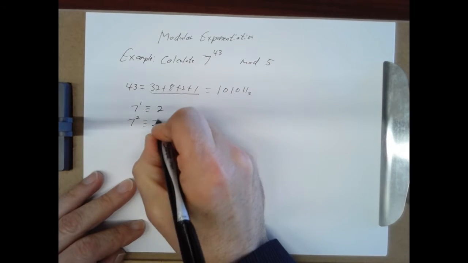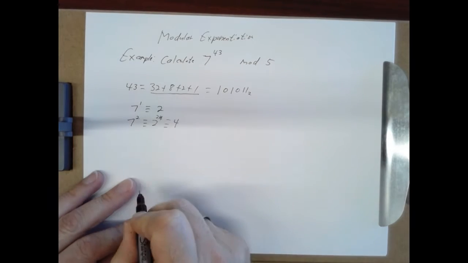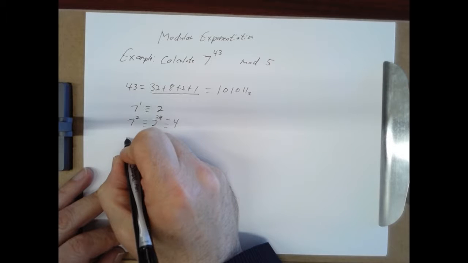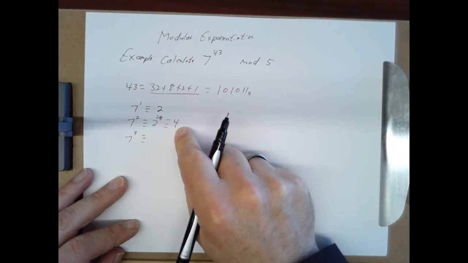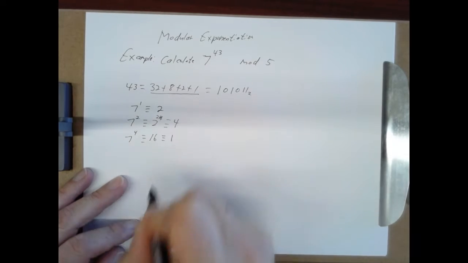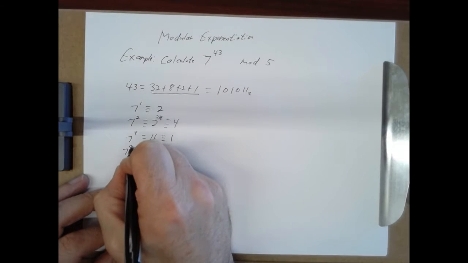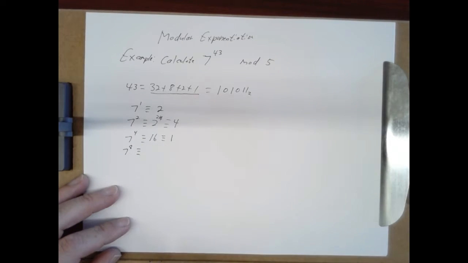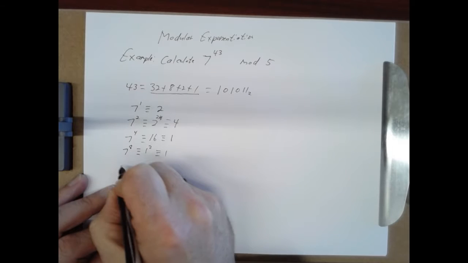So it's 2 squared, which is 4. 7 to the fourth is congruent to this thing squared, 4 squared, which is 16, which is congruent to 1 mod 5. It's 1 more than 15. 7 to the eighth is congruent to 1 squared, which is just 1.